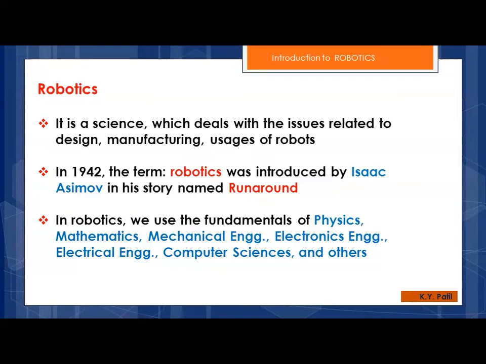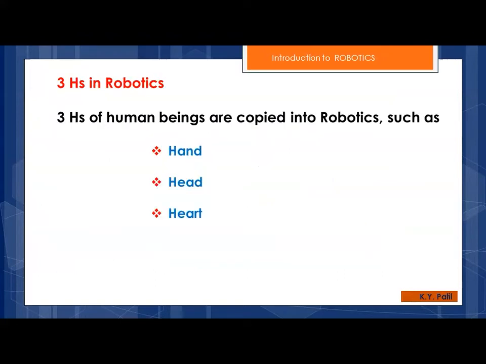Now I am just going to define one concept which I have already mentioned a little bit. In robotics we try to copy 3 H's. These 3 H's are nothing but the hand, head and heart. That means we try to copy the hand of a human being in an artificial way in the form of a manipulator, that is the mechanical hand.